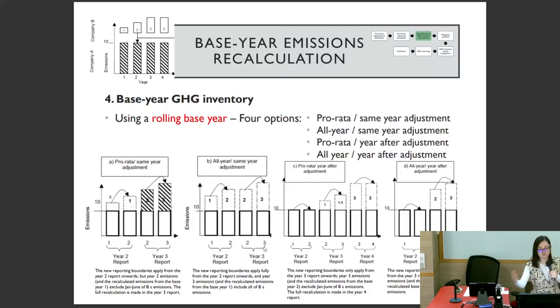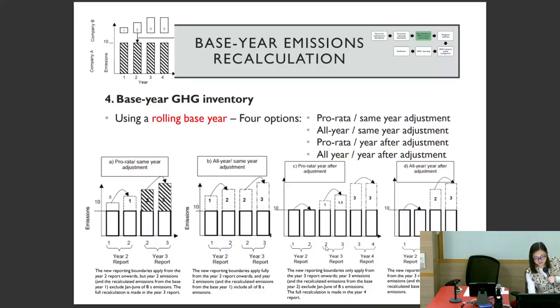And for year 4, it is not shown here, but in year 4, company A will also totally own company B at 100%, so the emissions will be 10 plus 3, and the base year is now updated to year 3, so also 100%, so 10 plus 3 also.